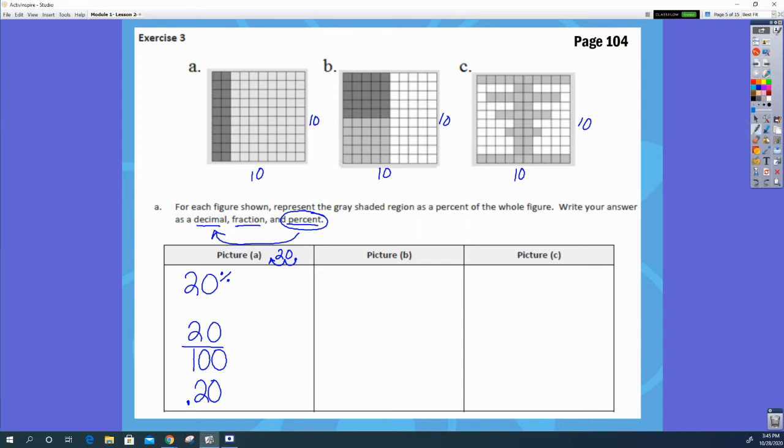Look at figure B. Now, if you notice on B, they have 2 parts that are shaded. One part is shaded darker than the other, but I'm going to go ahead and combine both of them. So right now, let's figure out our percentage. We know it's out of 100, and we have 1, 2, 3, 4, 5 full columns, and all of my columns are worth 10. So 10 times 5 would be 50. So that's half of my graph that's shaded.